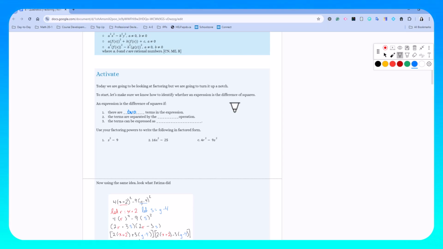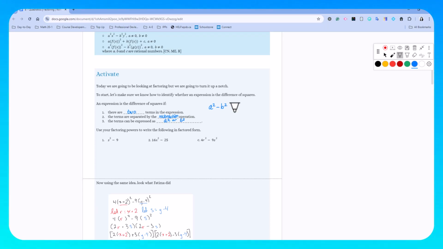The terms are separated by the subtraction operation, and they can be expressed as a squared minus b squared. So the difference of squares would be something like that.